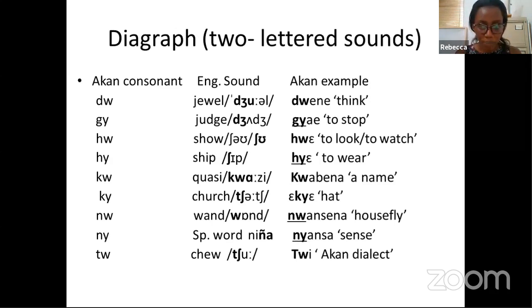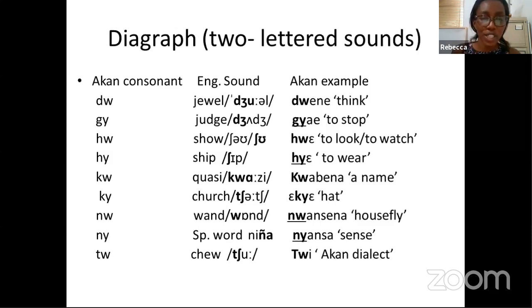And we have the shoo. So it's a combination of the sh sound and the w sound. So it's like you're combining a sh and a w sound together. Don't worry, we'll get there.